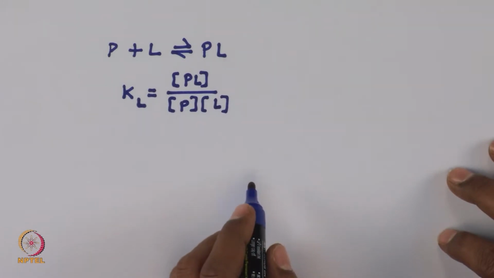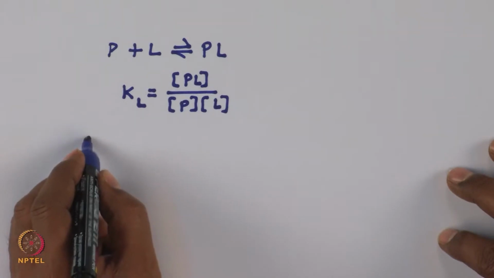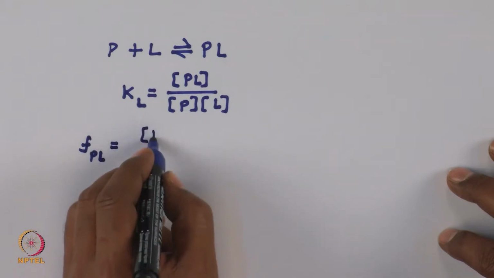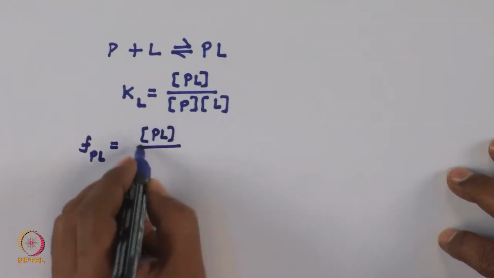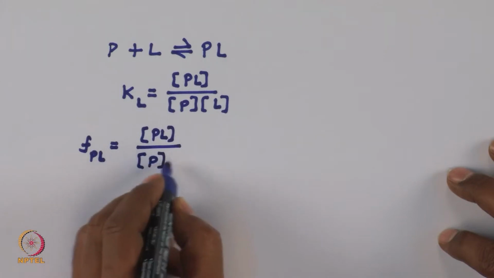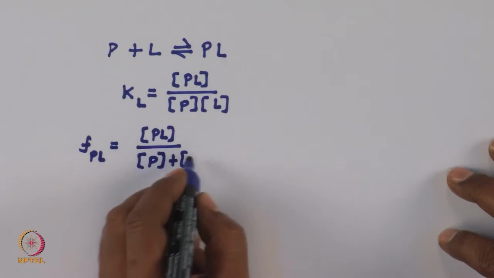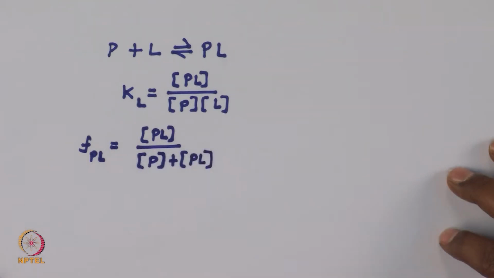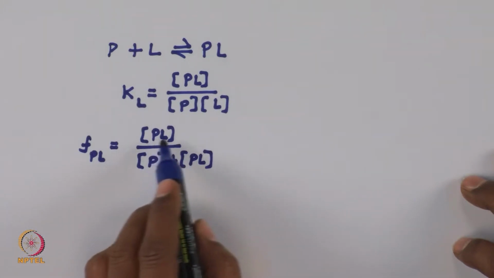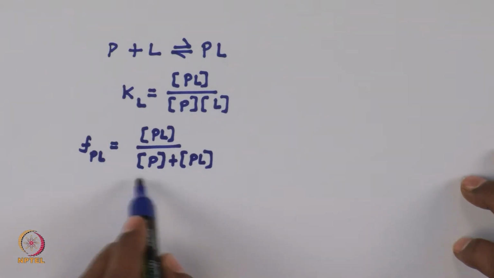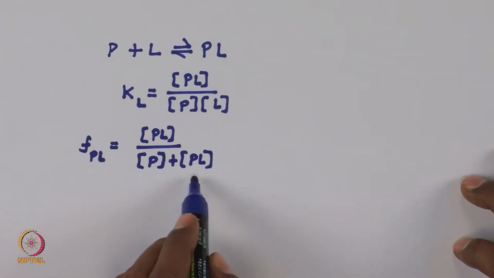How do we calculate the fraction of the protein which is ligated? If I represent that as FPL, this will be PL divided by concentration of P plus concentration of PL, because this is the concentration of protein which is ligated, and this is the total concentration of protein whether it is in free form or in the ligated form.